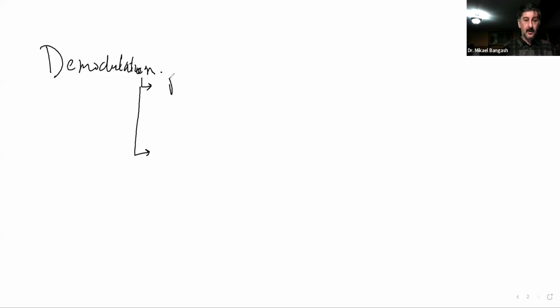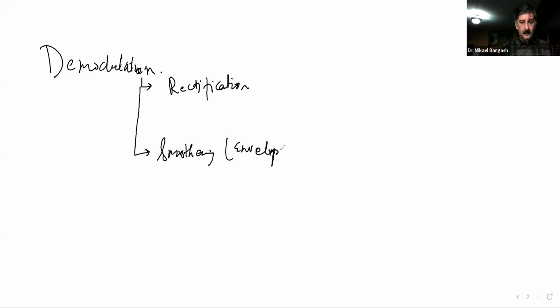The first step is what we will call rectification. The second step is what we will call smoothing, or yes, this can also be called enveloping.